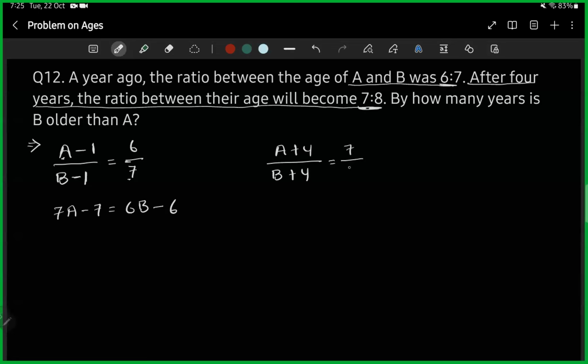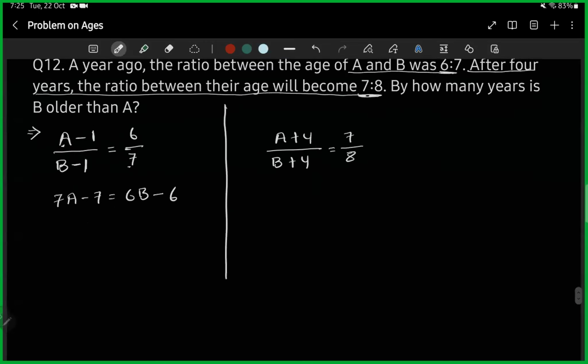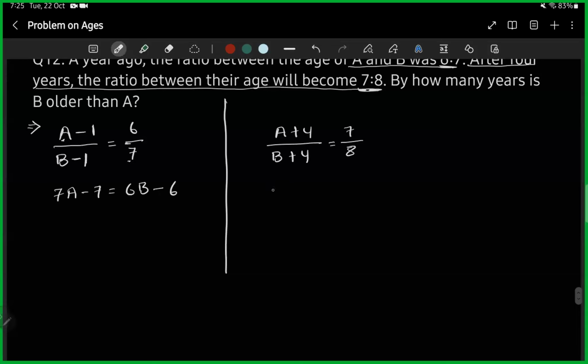Yes, 7/8. So like the first condition, you cross multiply these two. Doing the cross multiplication will give you A into 8 times, that is 8A, plus 8 4 times will give you 32. And then B 7 times, that is 7B, and then plus 7 4 times will give you 28.